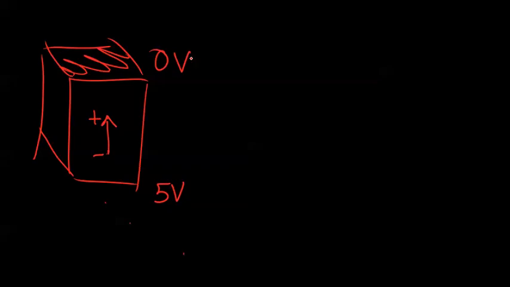We have a piezoelectric material, and we said this polarization is this way. So again, we had this negative to positive, and when we apply an electric field, let's say this surface is 5 volts, this is 0 volts, or ground.